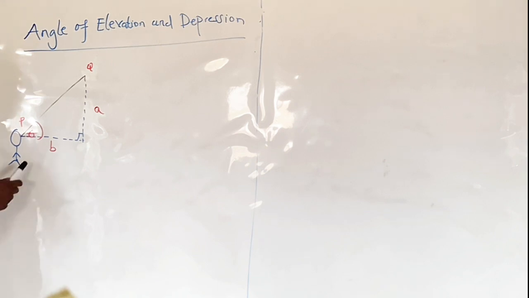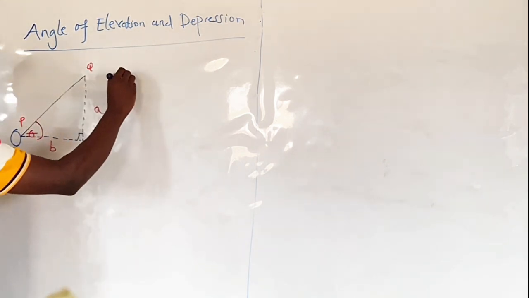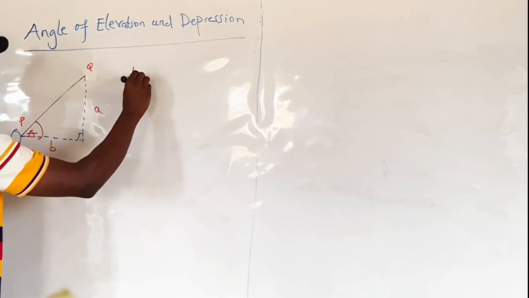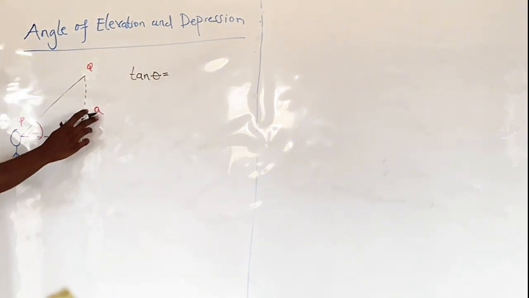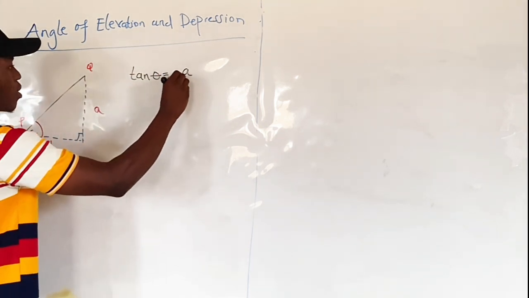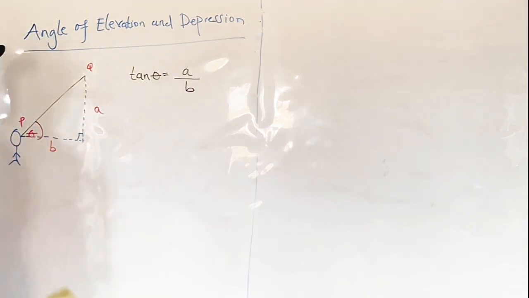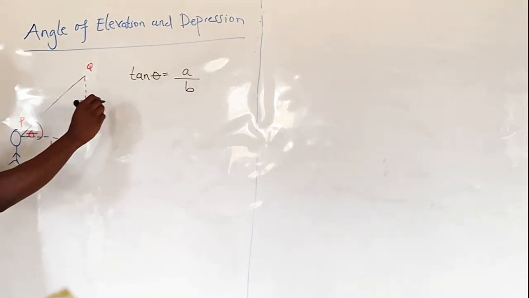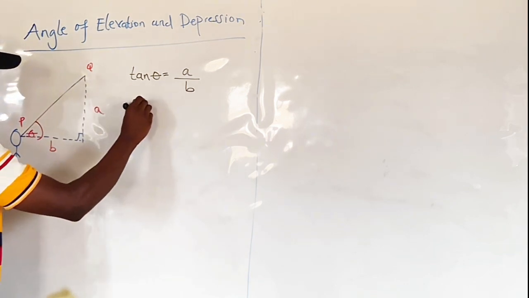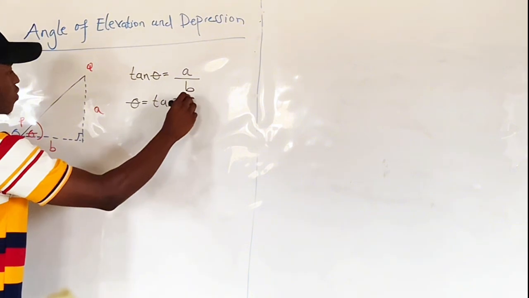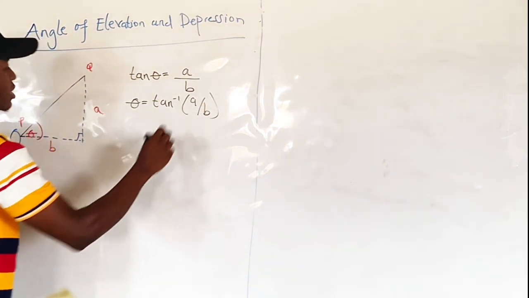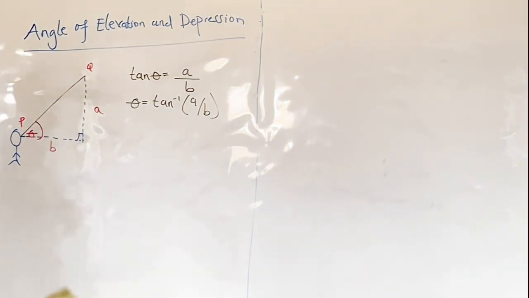So from the simple diagram here illustrating angle of elevation, from SOHCAHTOA in the previous video, tan theta is equal to opposite, which is A, over the adjacent, which is now B. We can find theta as theta is equal to tan inverse of A over B. Theta becomes the angle of elevation.